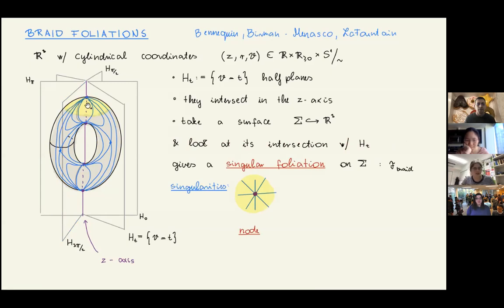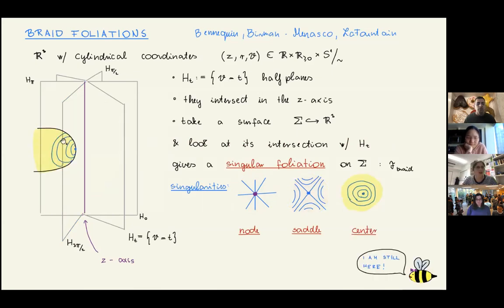They just look like everything is going into or out of the point. And then there is the singularity which looks like a saddle point or a hyperbolic point. And then there is another type of singularity, which you can see in this picture, the minima or maxima, which are centers.